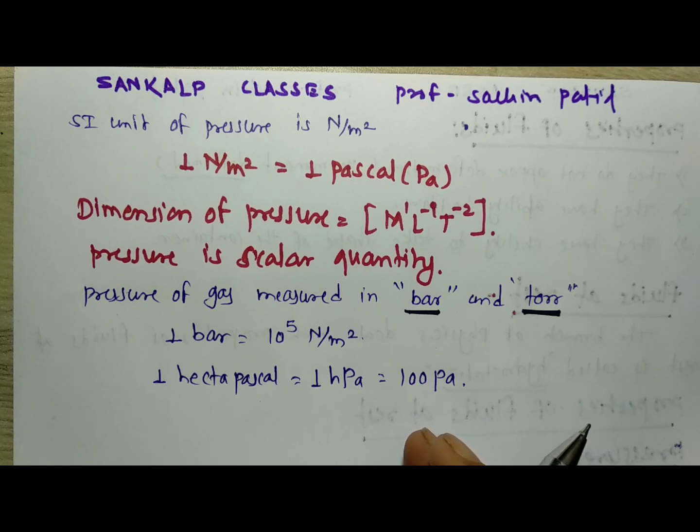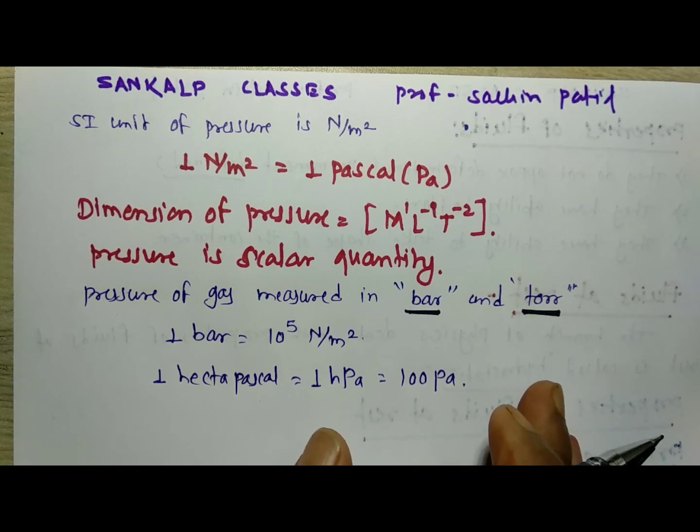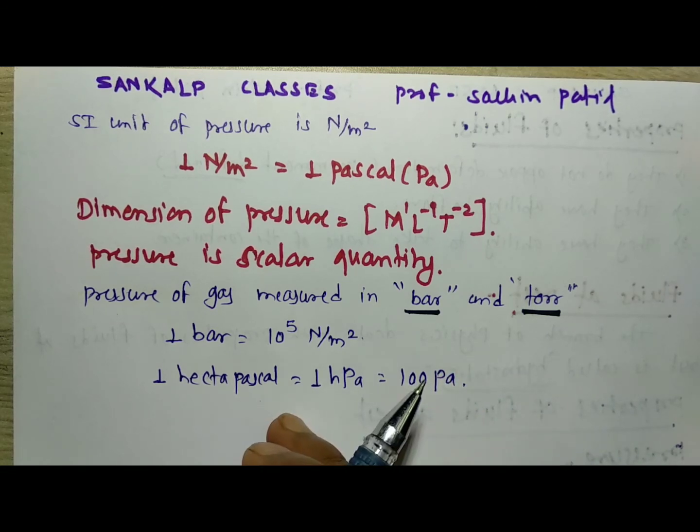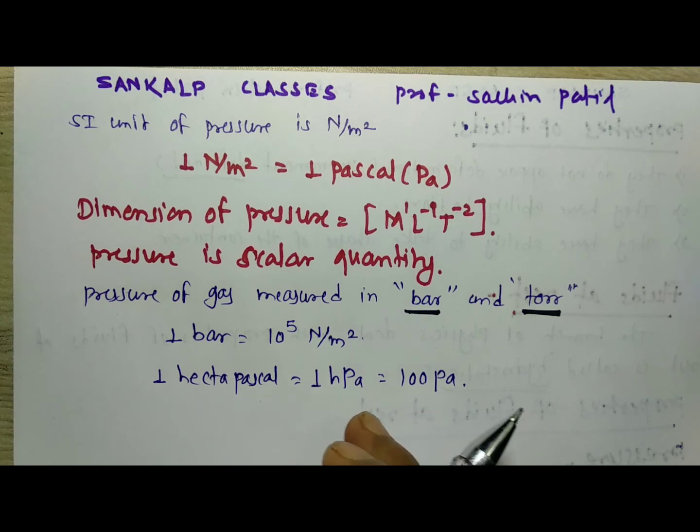You will get different units related to pressure, such as Pascal, bar, torr, and so on. When the pressure of a gas is considered, bar and torr are used. 1 bar is 10 raised to 5 Newton per meter square, and 1 hectopascal is 100 Pascal.